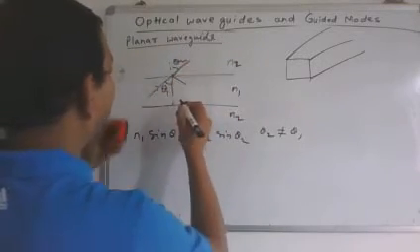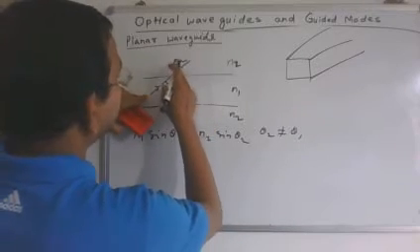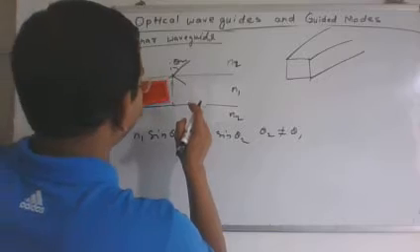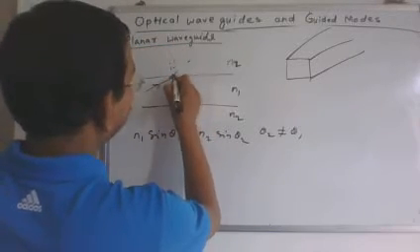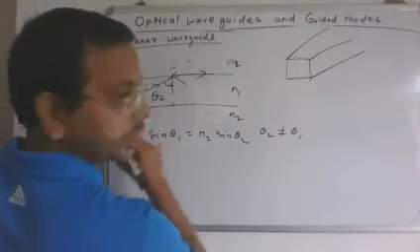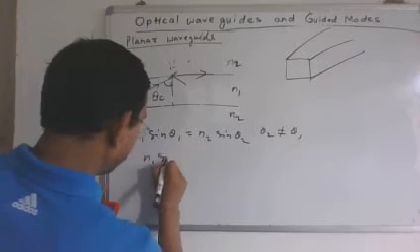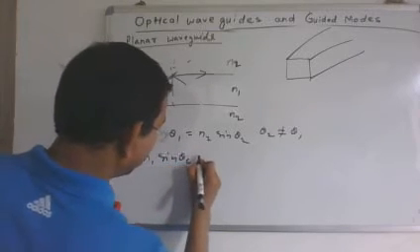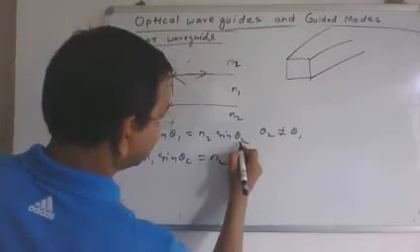If we keep on increasing this angle theta 1, it will keep on bending, and at one point, suppose this is one angle, it will completely graze the surface. This angle is called theta c, the critical angle. So when it becomes n1 sine theta c, this angle becomes 90 degrees, and sine 90 is equal to 1.